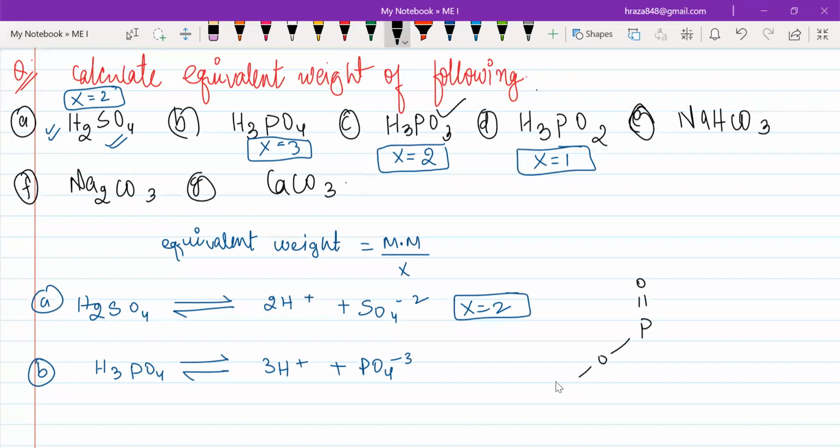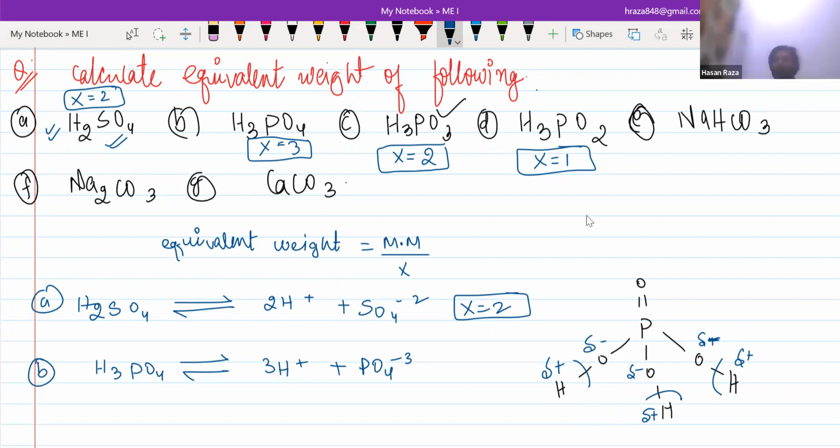In H3PO4, we have this structure in which you have 3 OH, and the electronegativity difference between O and H is quite high, so this becomes negative and positive, and this bond will be easily broken. That means it will give 3H plus. That's why the value of x here will be 3.